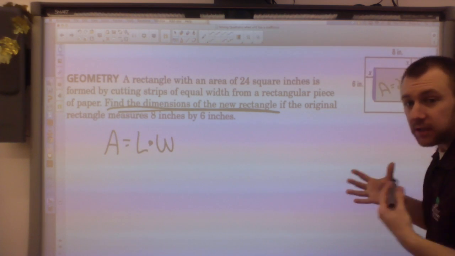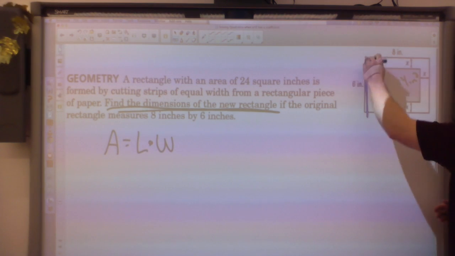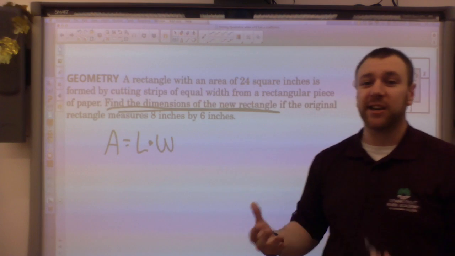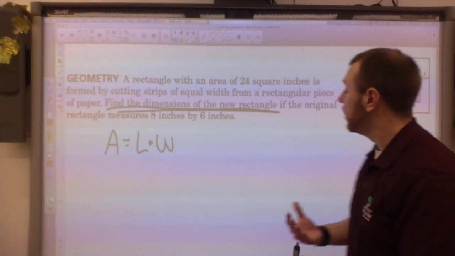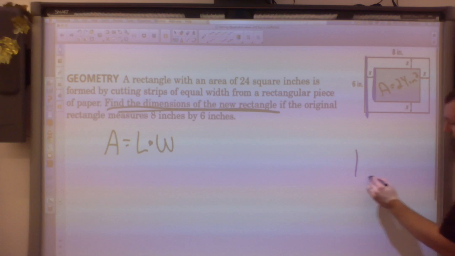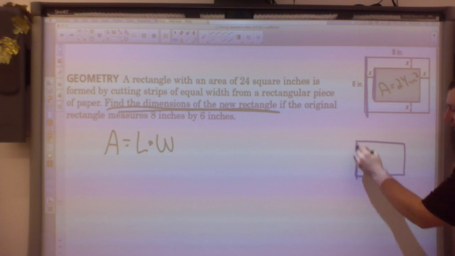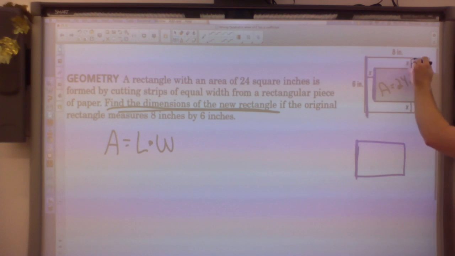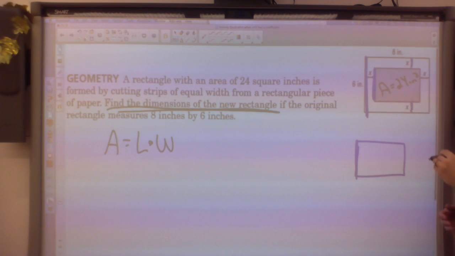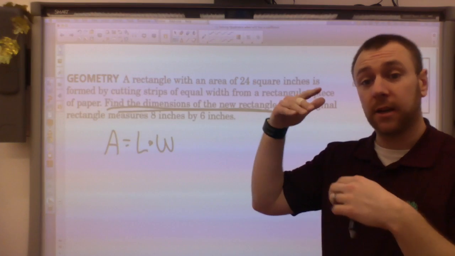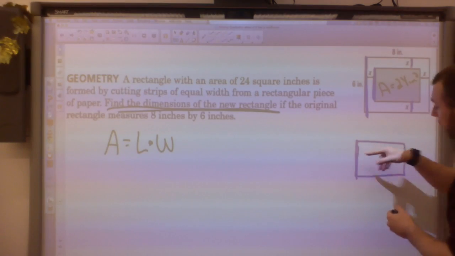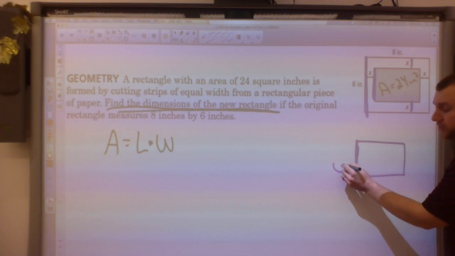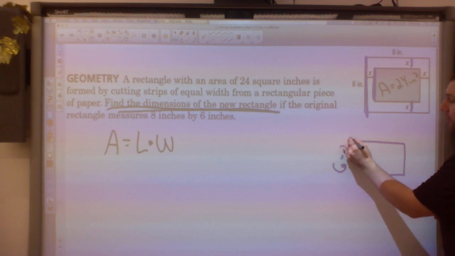It's not 6 inches, because I cut off a little bit. So this little vertical piece is really that 6 inches minus this x minus this x, because I cut off 2 x's on both sides. So this piece right here is really 6 minus 2x.